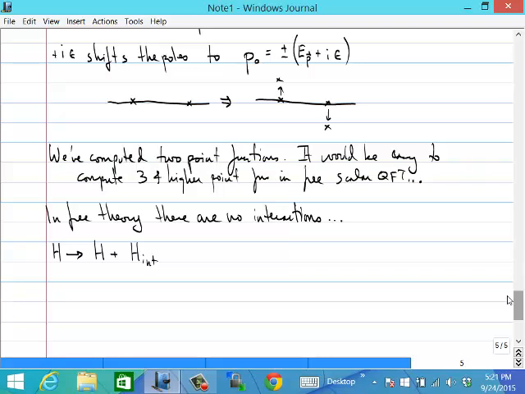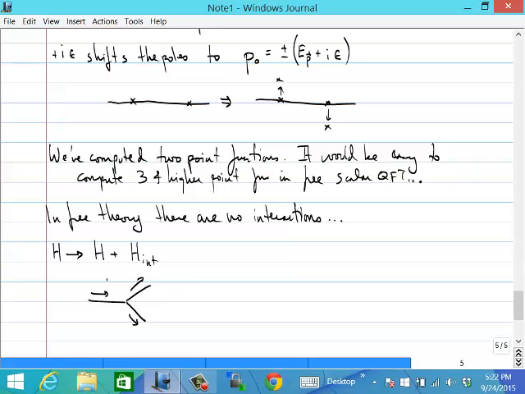So that would be a good example. Let's say we wanted to study a theory where one particle could go along and decay into two other particles. So you could have one particle coming in here, and then it could go out and decay into two other particles.